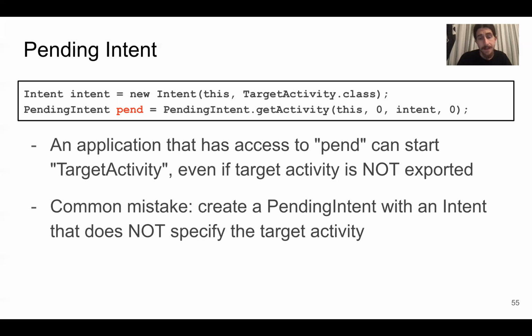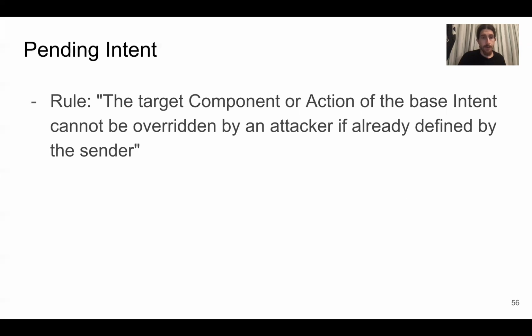This could be security relevant already, but a common mistake is to create a pending intent with an intent that does not specify the target activity. You create an intent with nothing inside, and then you create a pending intent that wraps this empty intent. This is very dangerous security-wise, because there is a special rule: if a receiving app receives this pending intent, it can access the intent.